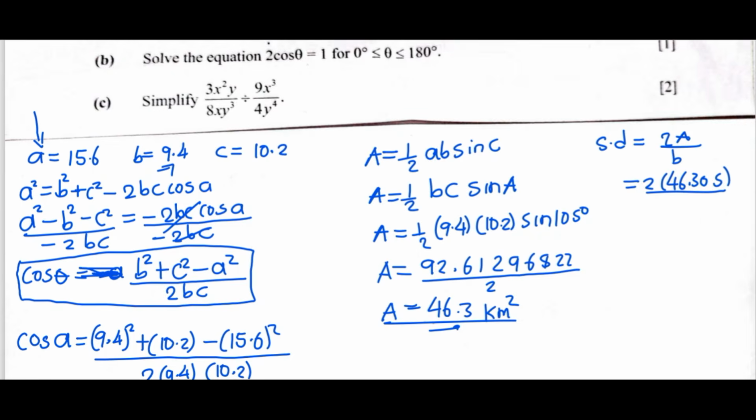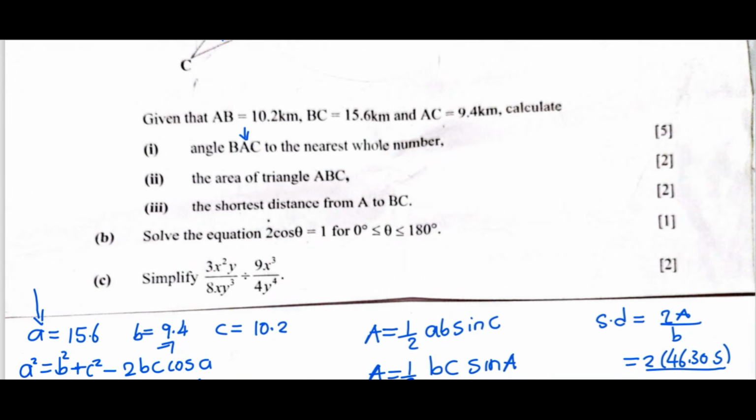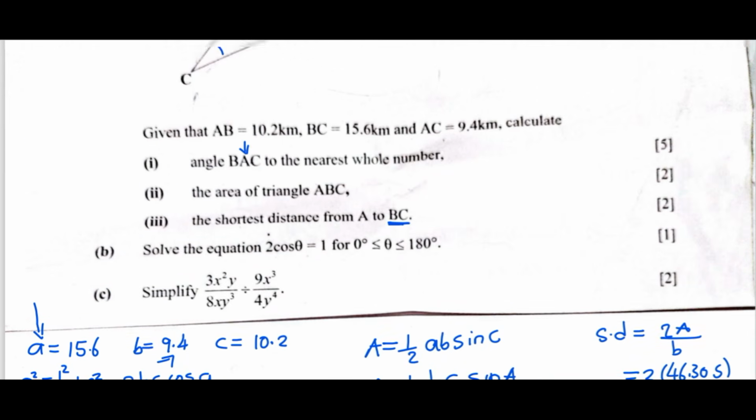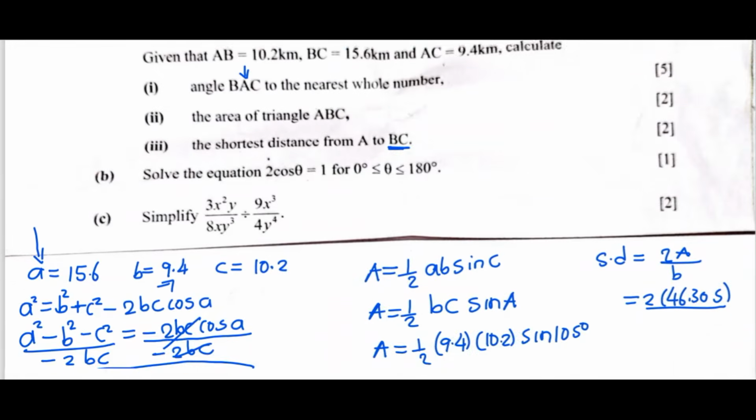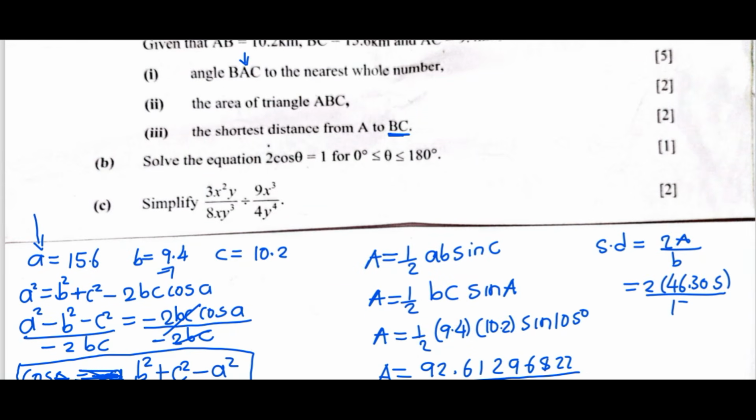So the value to substitute where there is B, you look at the two letters BC. So we're going to look at the distance for BC. So the distance for BC is this one, 15.6.